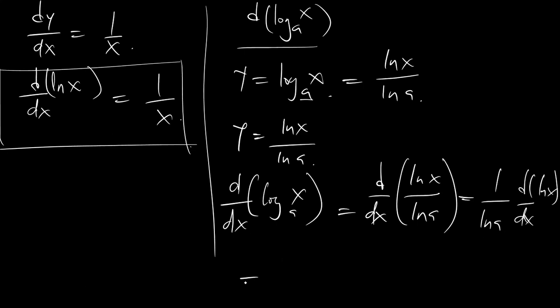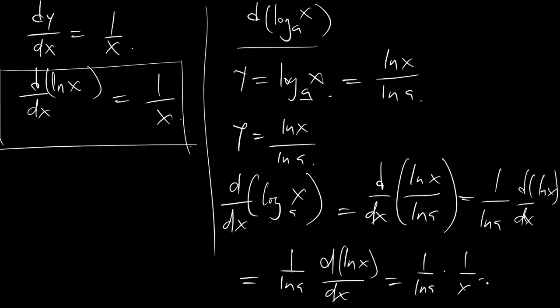So this is the same thing as saying 1 all over ln a times d ln x all over dx. So d ln x all over dx is 1 over x. So you have 1 over ln a times 1 all over x, which is equal to 1 all over x ln a. So this is a formula.